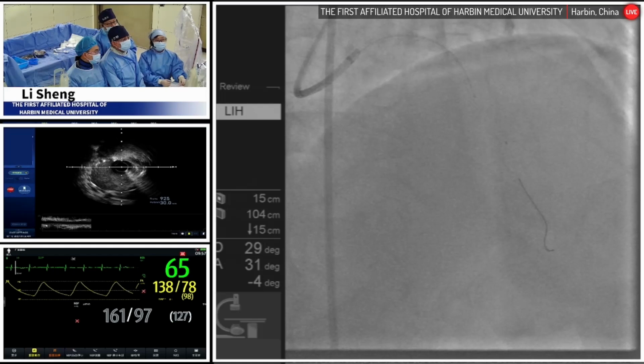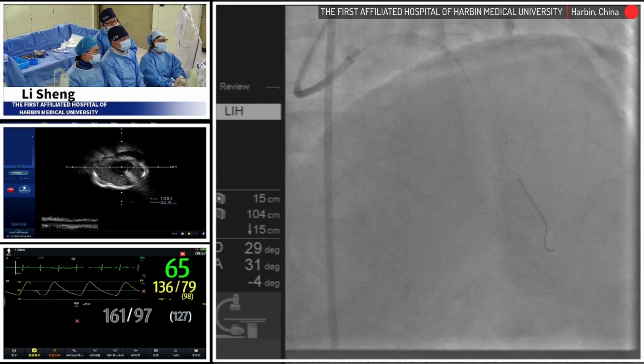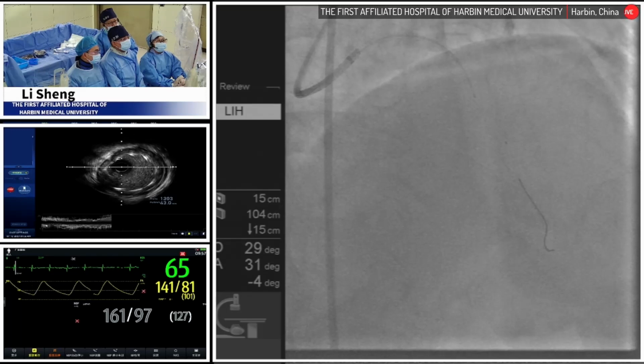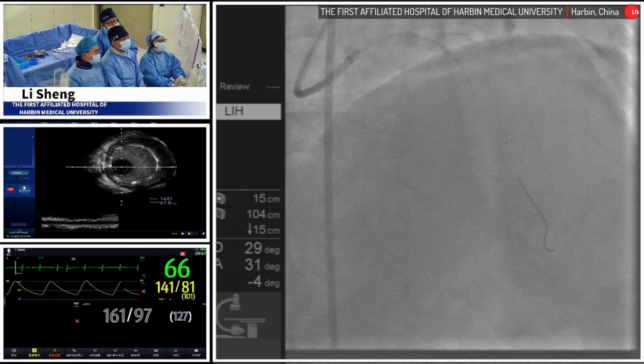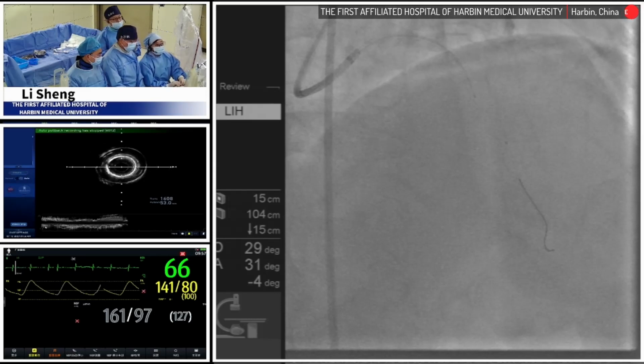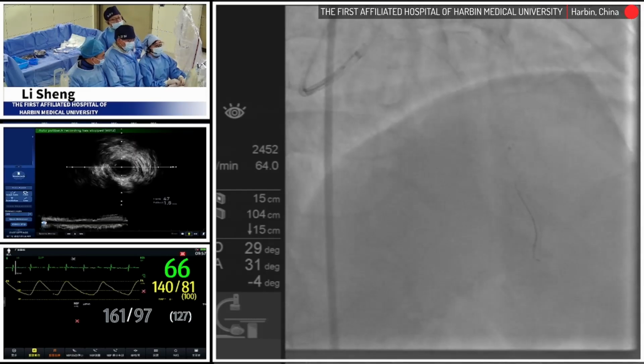Looks very good. After the post-dilatation, I think both stents are well expanded.